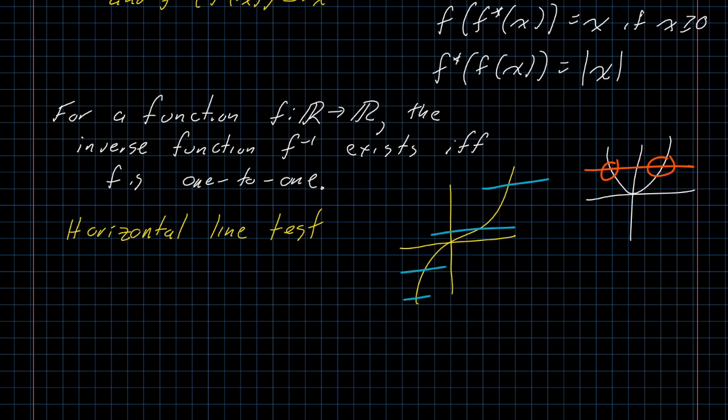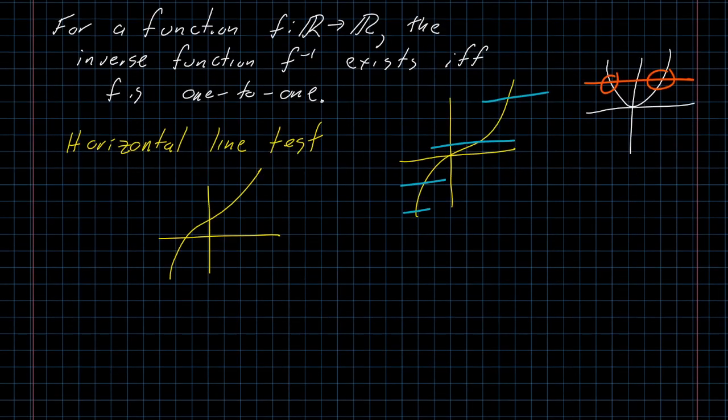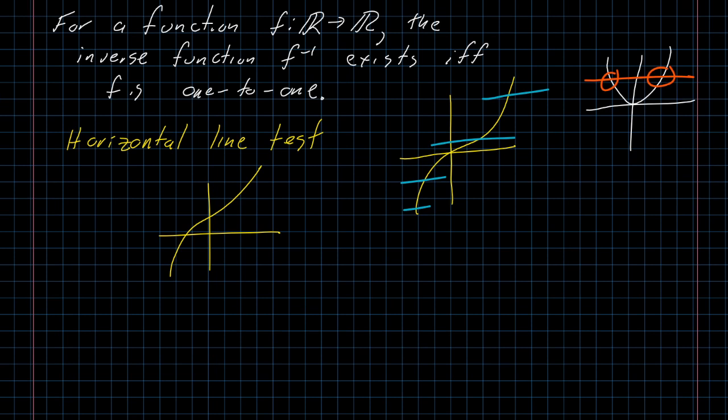One of the issues with the horizontal line test is, well, what if your graph just isn't big enough? What if you are looking at a curve that looks like that, but then you zoom out and you realize it does this, way off the edge of the screen.